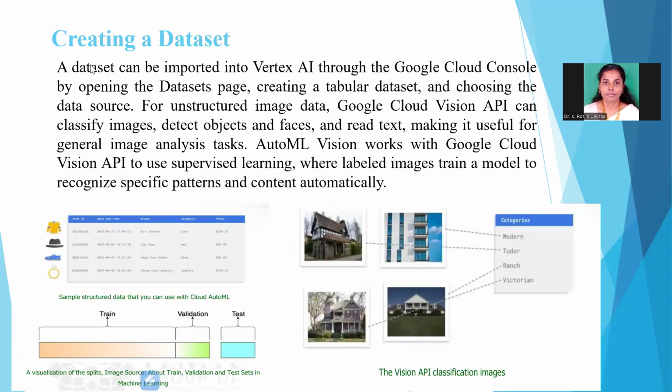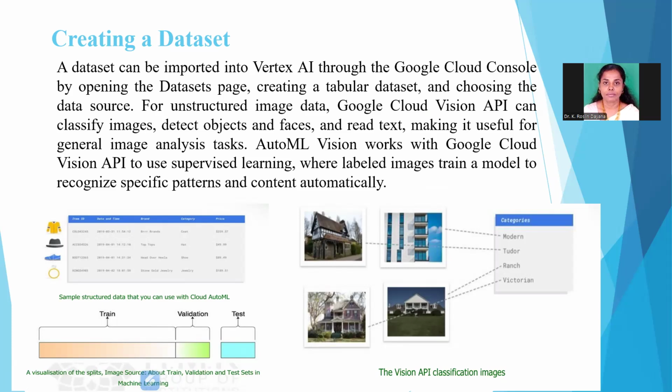Creating a data set. A data set can be imported into Vertex AI through the Google Cloud Console by opening the datasets page, creating a tabular data set, and choosing the data source. For unstructured image data, the Google Cloud Vision API can classify images, detect objects and faces, and read text, making it useful for general image analysis tasks.